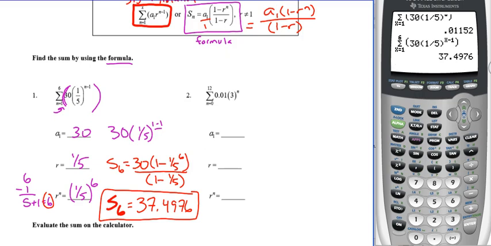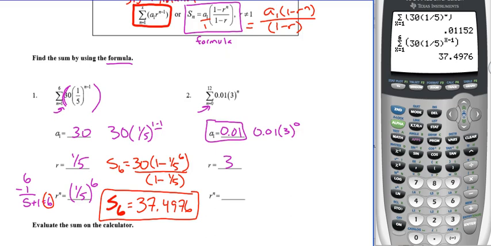And what we're going to see here is something slightly different. Notice it's 0. Well, when I'm finding my A1, that means I'm going to do 0.01 times 3 to the 0 power. If I simplify that, that's just 0.01. There's A1. My r is 3.